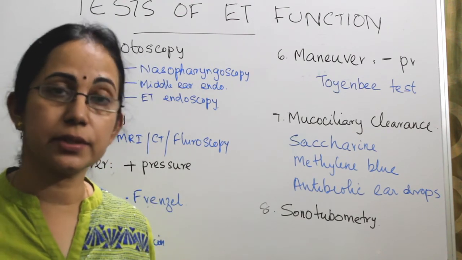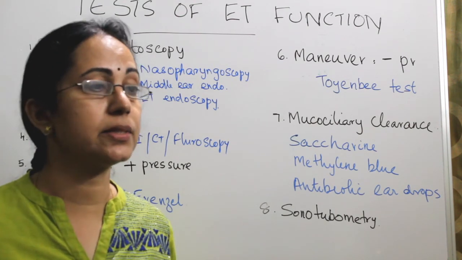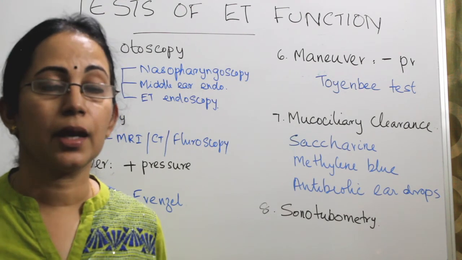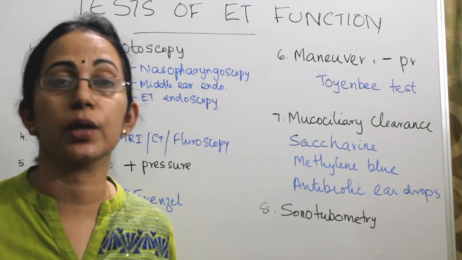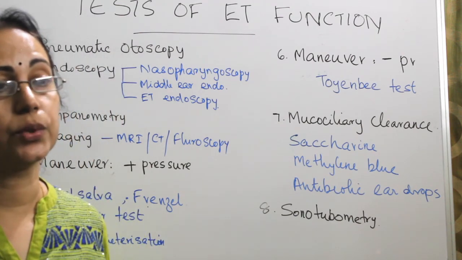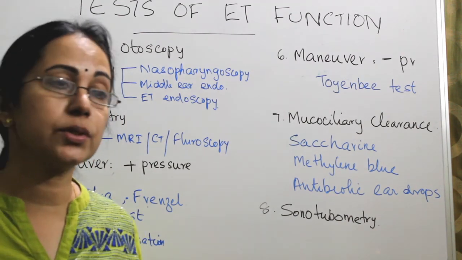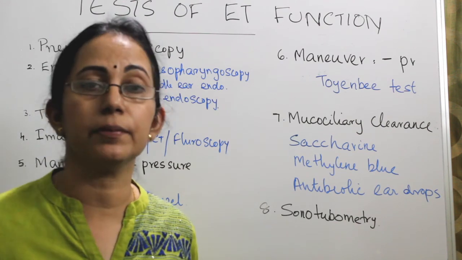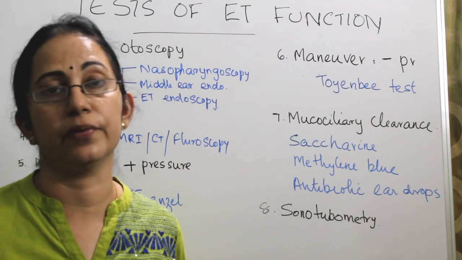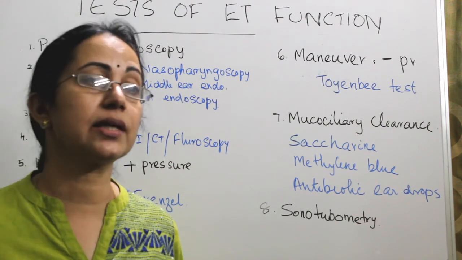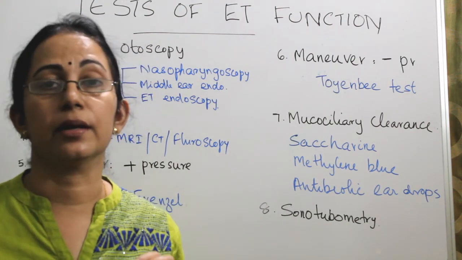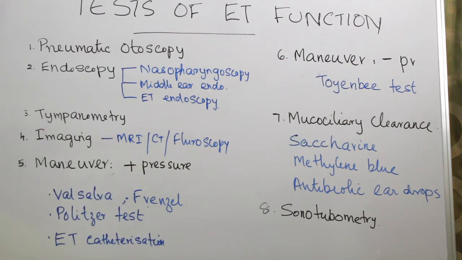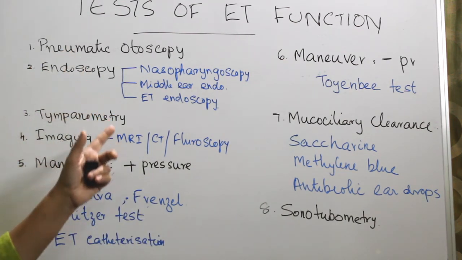So if the sound is heard more clearly, that means the Eustachian tube is patent. And also the time intervals of opening of the Eustachian tube can be picked up by using sonotubometry. This diagnostic tool is independent of whether the tympanic membrane is intact or perforated. And under physiological conditions, the tubal opening timing can also be picked up. Okay. So to conclude, these are the tests of Eustachian tube function.